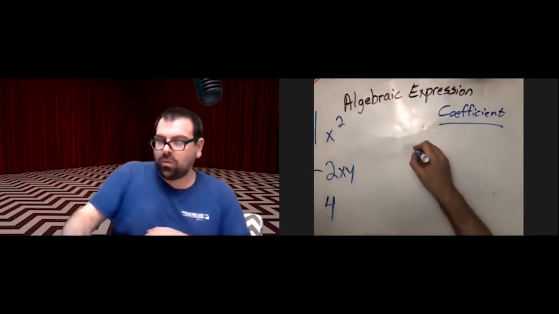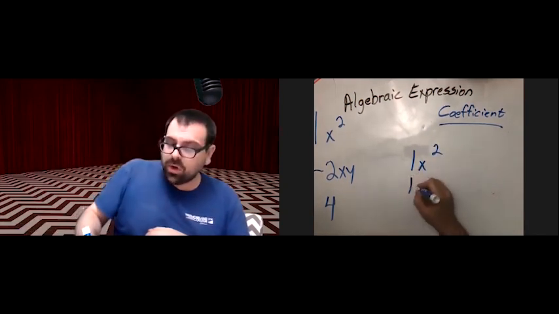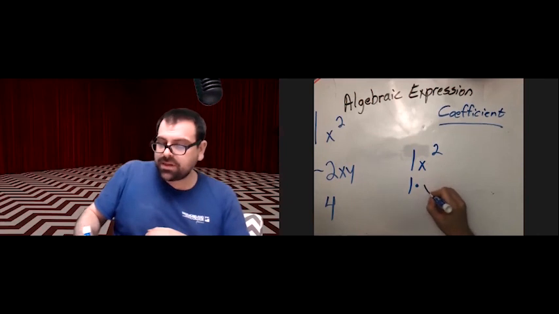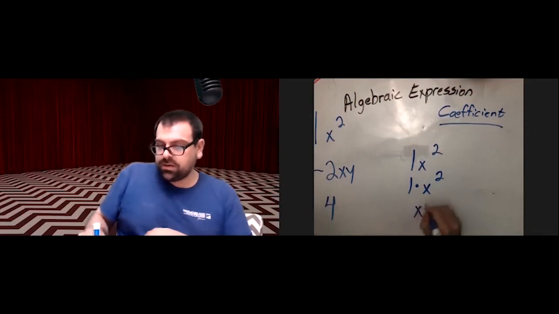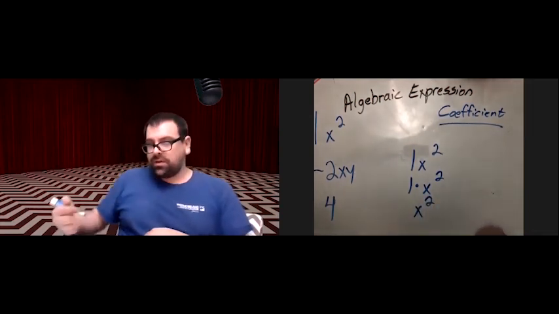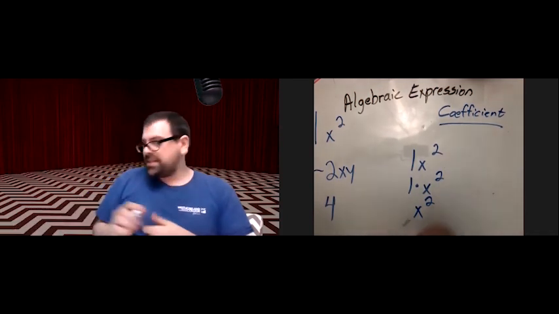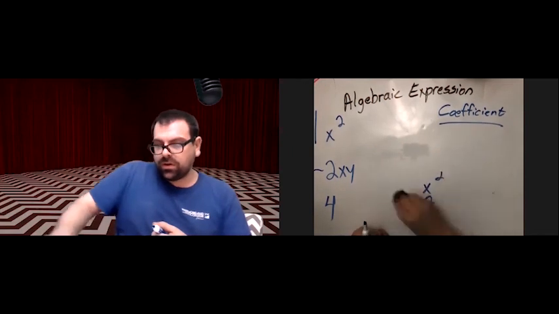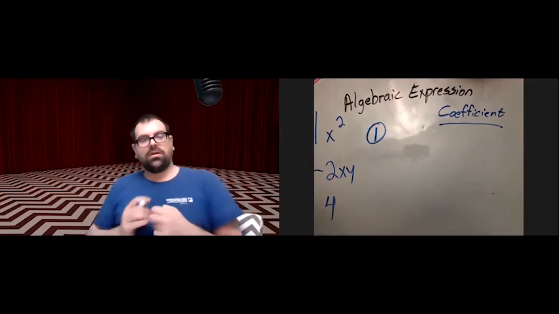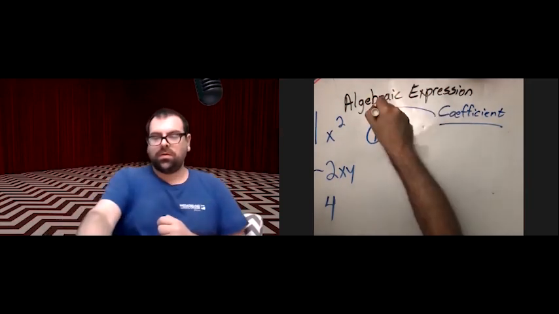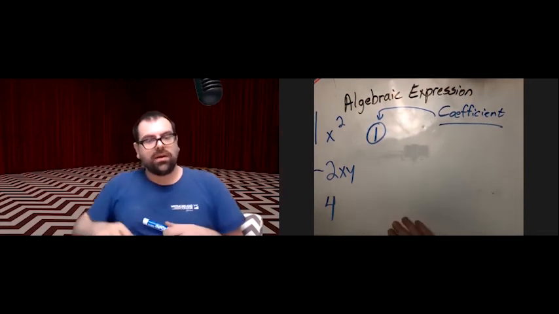Because 1x squared means 1 times x squared, and anything times 1 is itself. So x squared is exactly the same as 1x squared. When we see x squared, we know there is a 1 in front, so the coefficient of x squared would be 1.